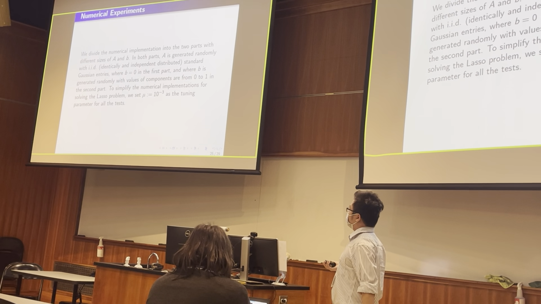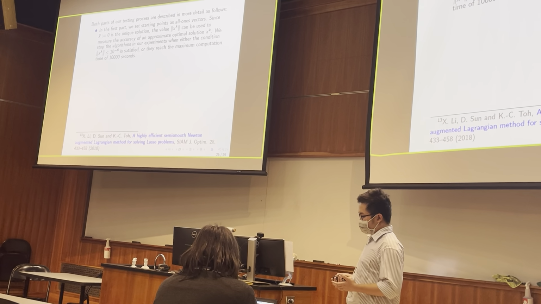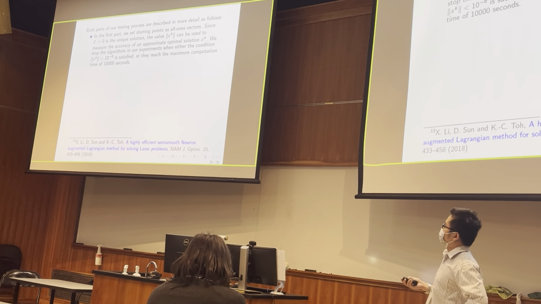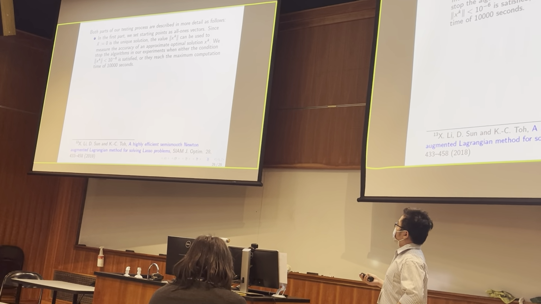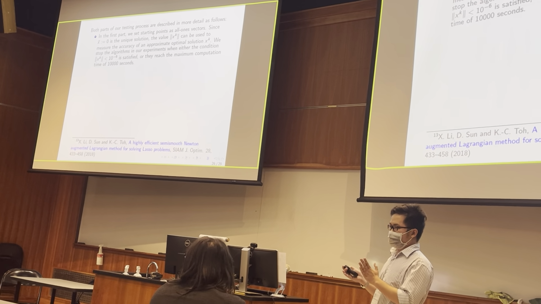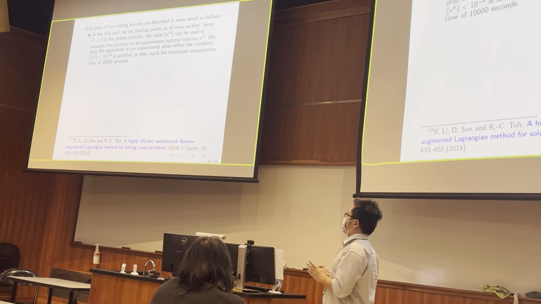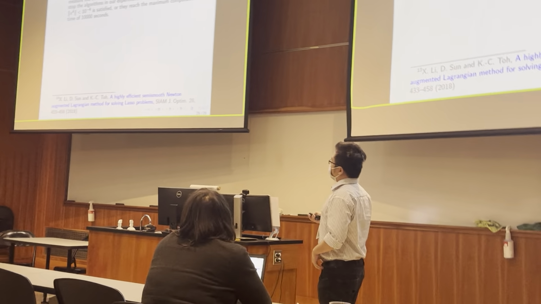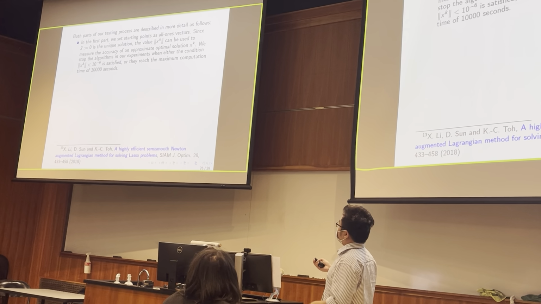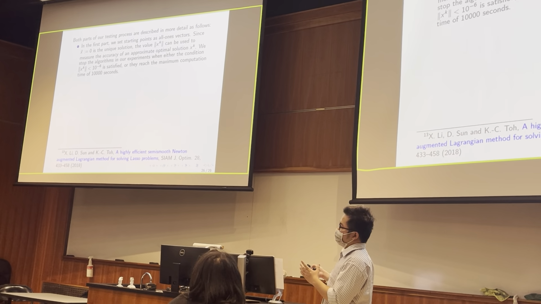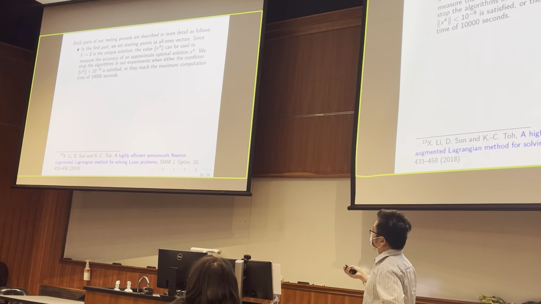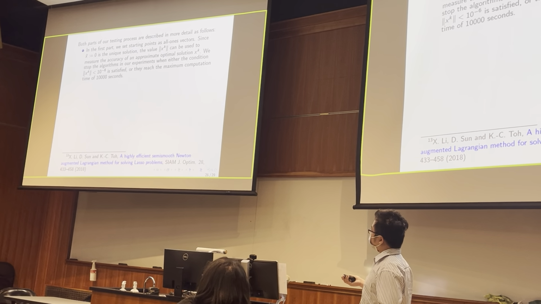We will divide the numerical experiment into two parts. The first one is that we will set the starting point as the all-ones vector, and we will choose b equal to 0. In this case, 0 is the solution, and we will use the stopping criterion that the norm of s_k is less than some parameter. Here we choose the parameter to be 10 to the power negative 6. Okay.